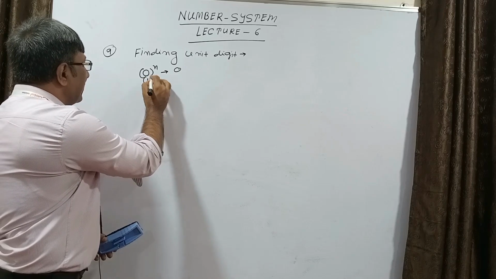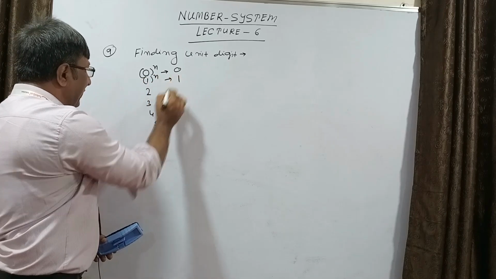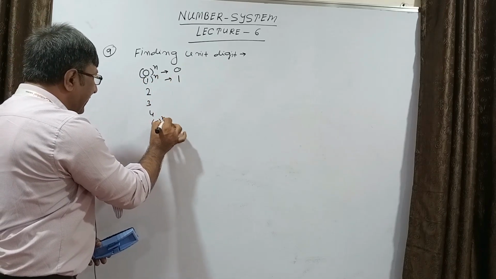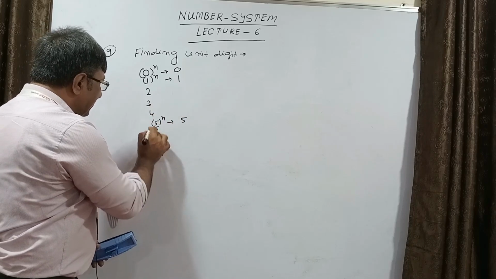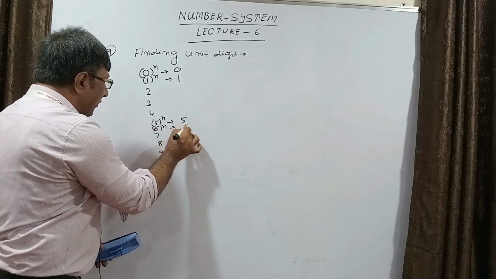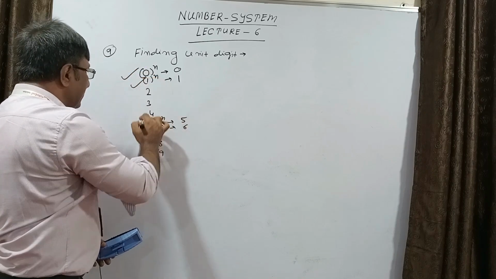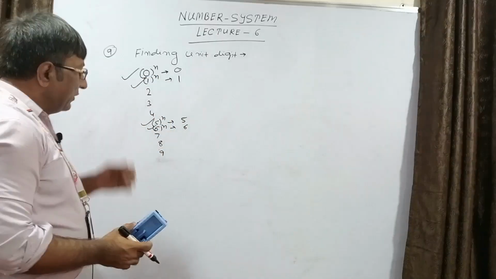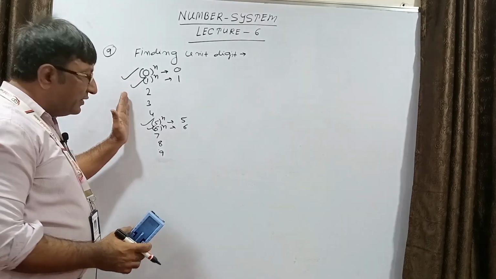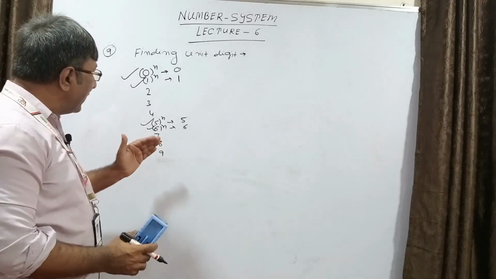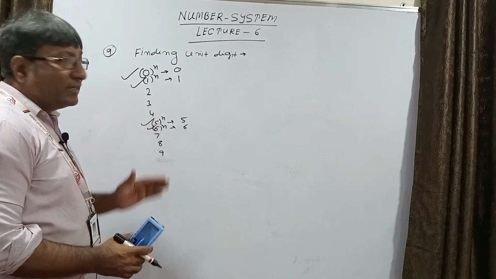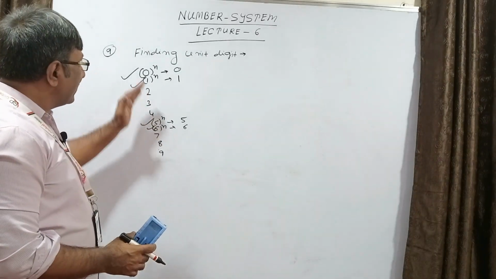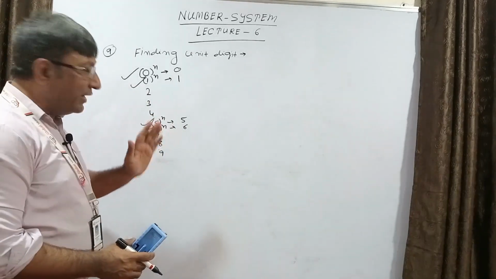If there is a 1, any power of 1 gives only 1. If this is 5, any power of 5 gives only 5. And if this is 6, any power of 6 gives only 6. So only for these 4 digits, 0, 1, 5, 6, whatever power is given, the digit does not change. For this type of question we have already done.